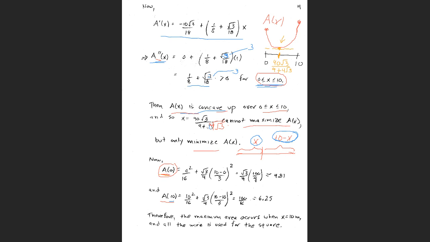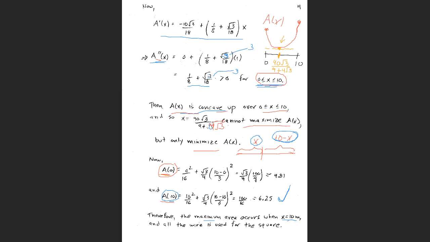So the maximum area is going to occur when x equals 10 meters, because if you evaluate A of 0 and A of 10, the extreme value occurs at the right endpoint. Remember, extreme values can occur either at critical values or at one of the endpoints. And here's an example where it occurs at the right endpoint.